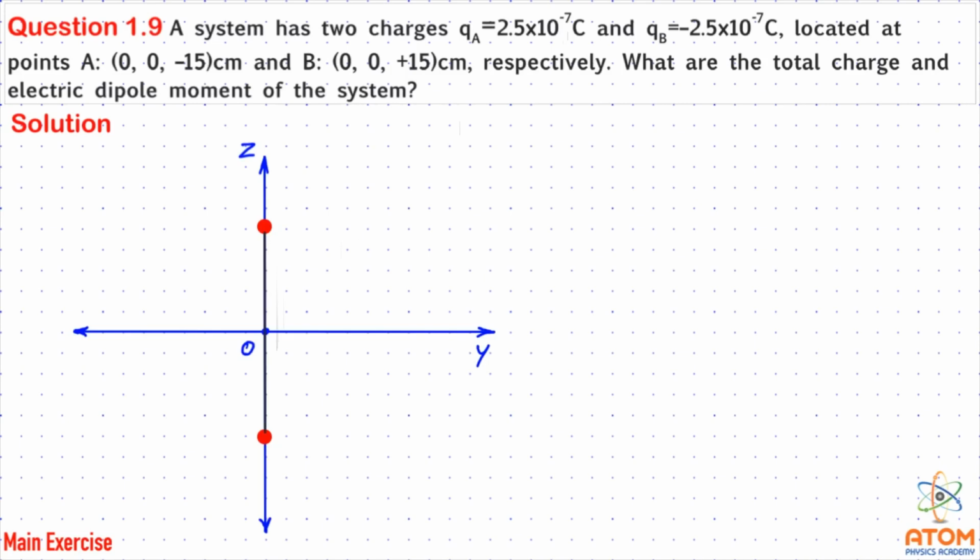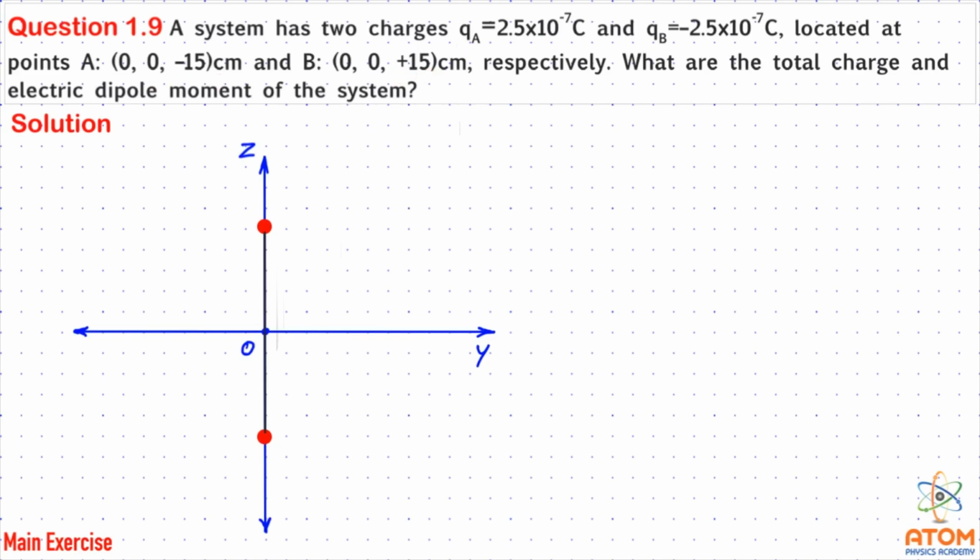Now this QA, that means the positive charge, is having coordinate 0, 0, minus 15. That means the positive charge is in the negative z direction, and QB is having plus 15. So the negative charge is in the positive direction.